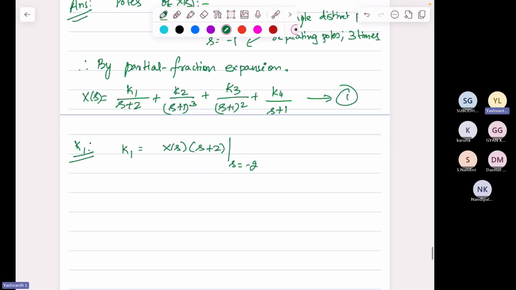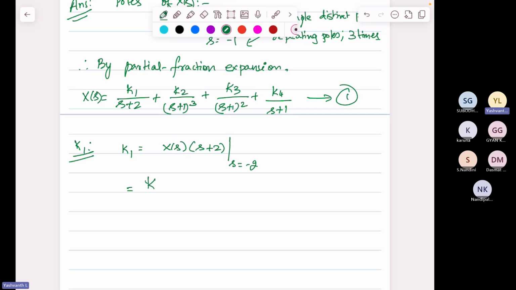What happens is X(s) into (s plus 2) will become k1 plus k2 by (s plus 1) whole cube into (s plus 2), plus k3 by (s plus 1) whole square into (s plus 2), plus k4 by (s plus 1) into (s plus 2).